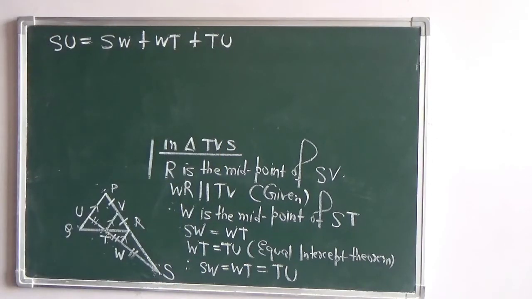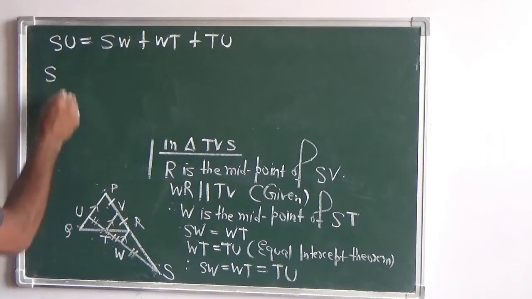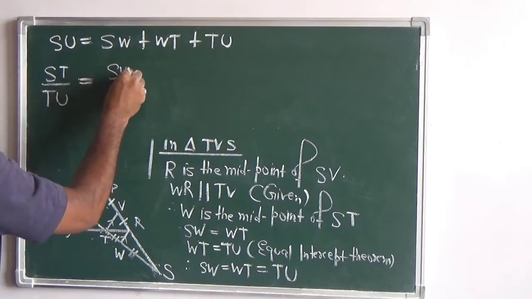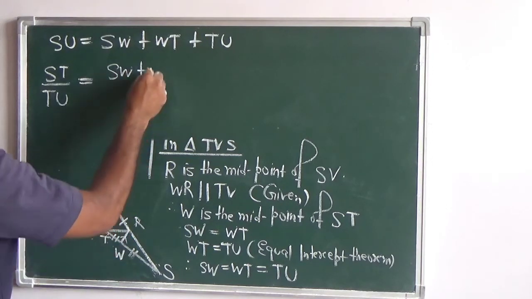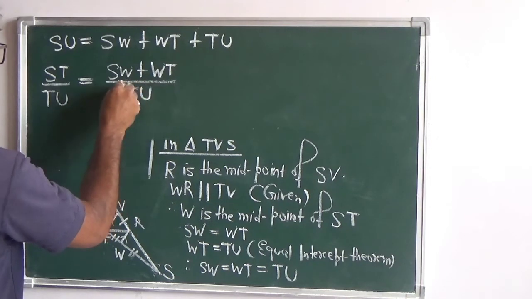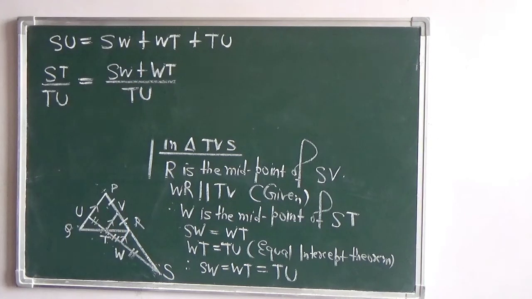Right? Now ST by TU we have to find. So what can you write for ST and TU? We can write ST as SW plus WT, by TU.